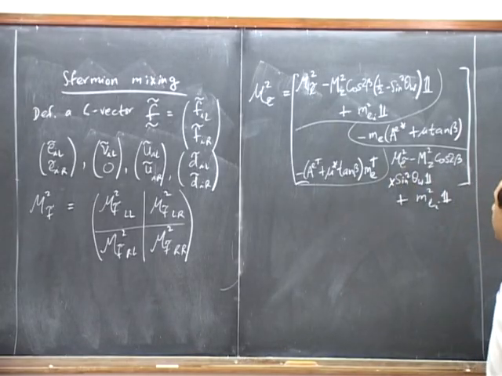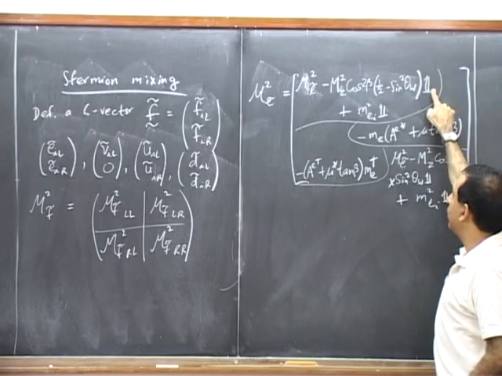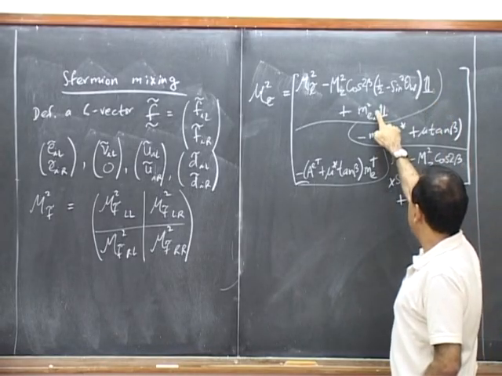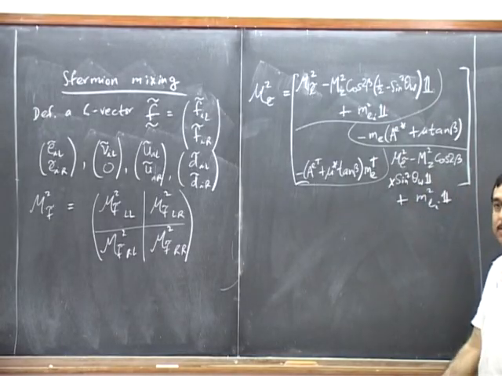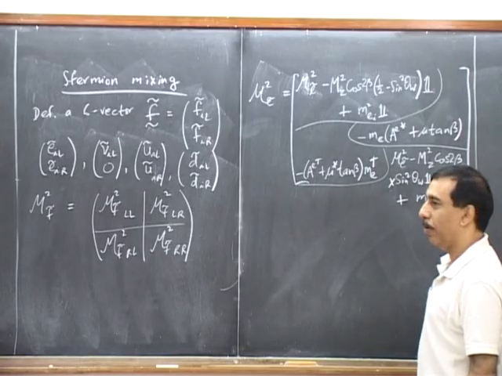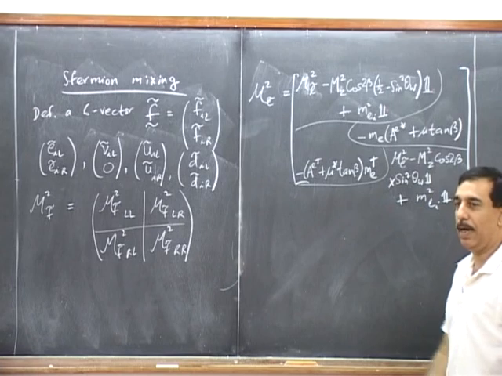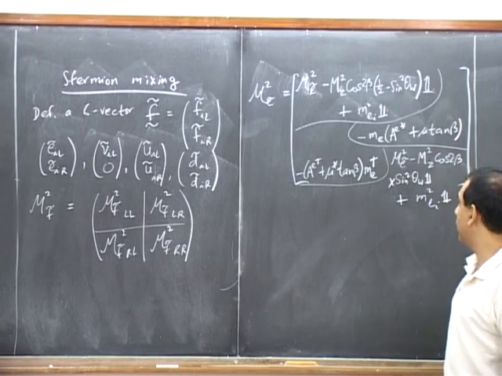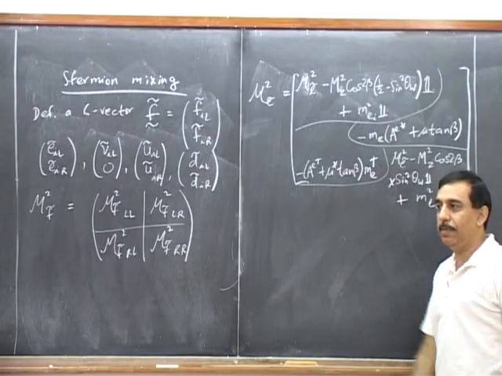So that's easy to guess. This one is a 3 by 3 unit matrix. This term is the mass matrix for the leptons, not the selectrons, for the fermions themselves. And it so happens that in the approximation when right-handed neutrinos are absent and neutrinos are massless, this matrix is diagonal across the 3 generations.